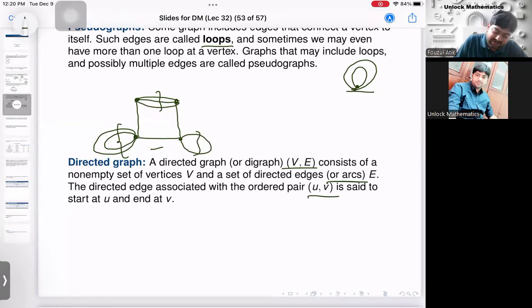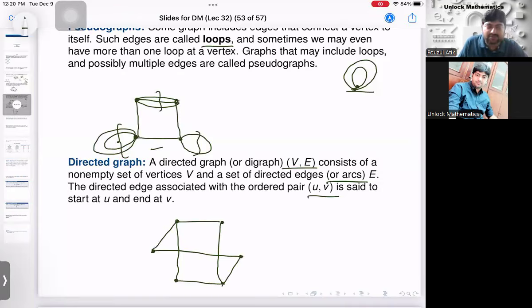But now I'm drawing another graph where I include a direction for each edge. So this is an example of a graph where each edge has some direction. Till now it was not, but now I'm putting some direction in it.